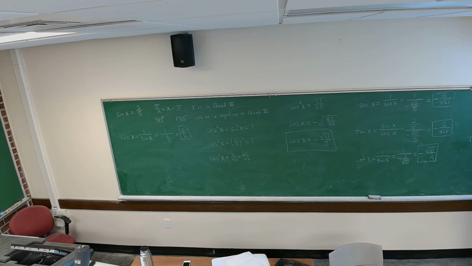And the law of sines tells us, for any oblique triangle, the sine of angle A divided by the side opposite, little a, is equal to the sine of angle B divided by the length of the side opposite angle B. And that's true for angle A and angle C: the sine of angle A divided by the length of the side opposite angle A is equal to sine of angle C divided by the length of the side opposite it.